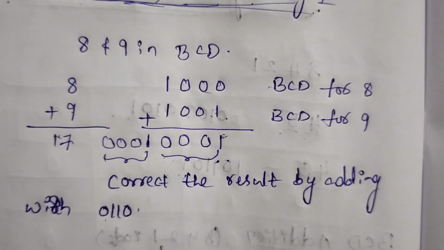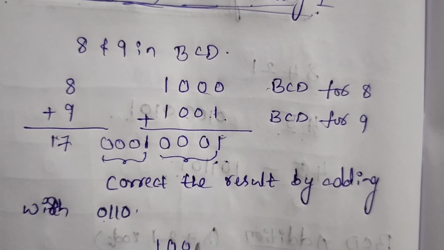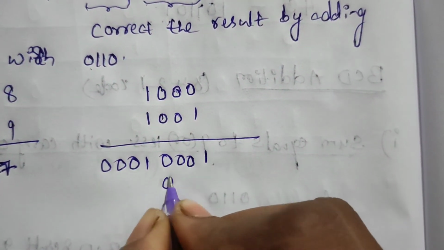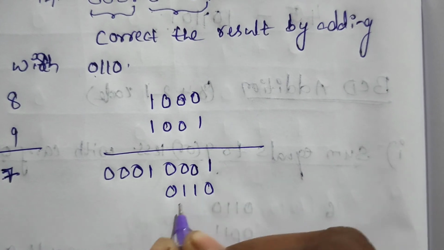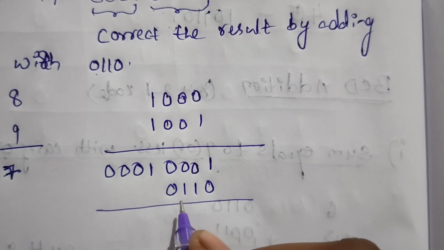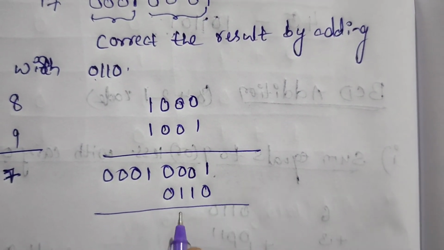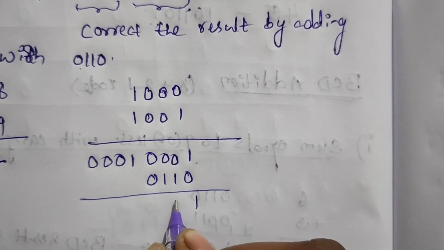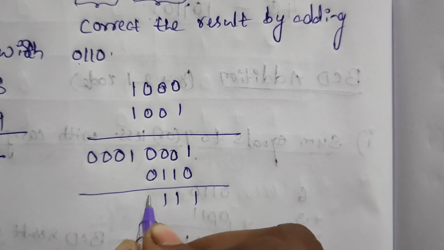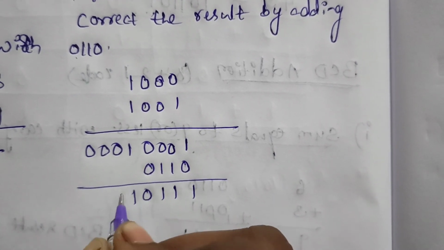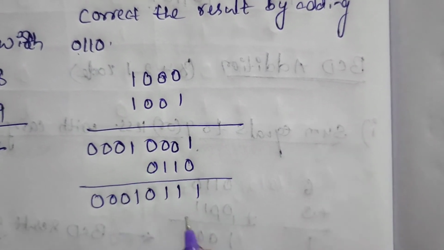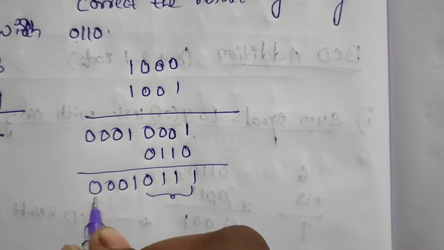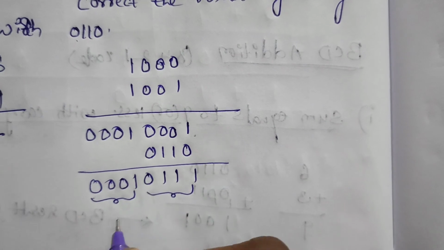So take down here 1000, and add 6 to the least significant digit. On adding 6 to the least significant digit, we get 1 0001 plus 0110, and this is 1 0111. So the first 4 bits represent the first decimal digit and the remaining 4 bits represent the second decimal digit.